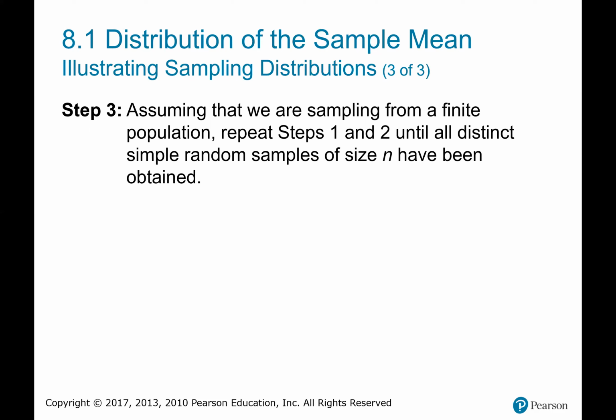Step 3, assuming that we are sampling from a finite population, repeat steps 1 and 2 until all distinct simple random samples of size n have been obtained.